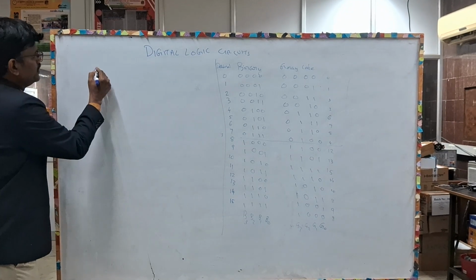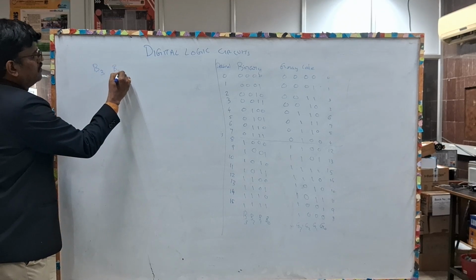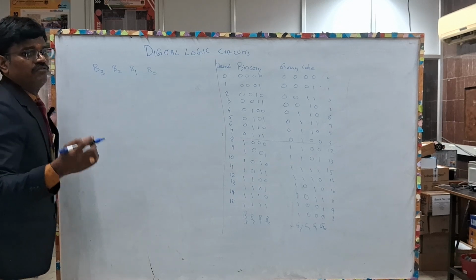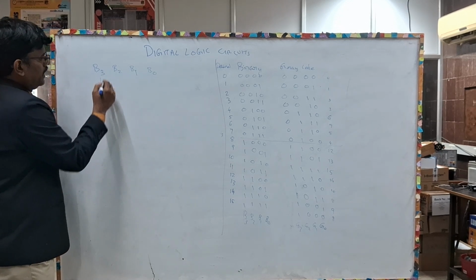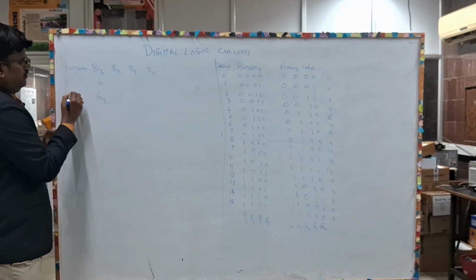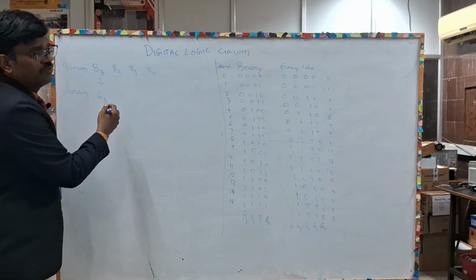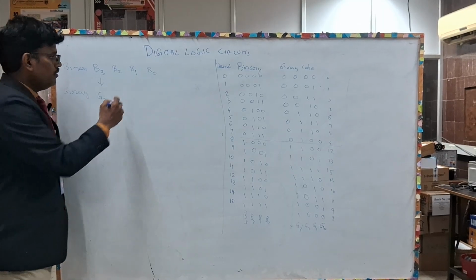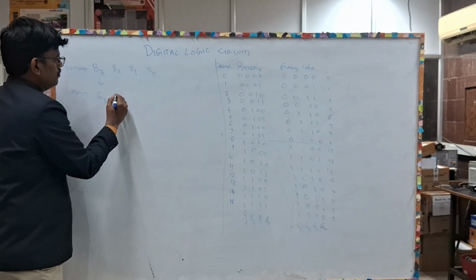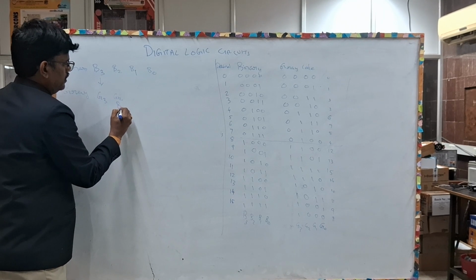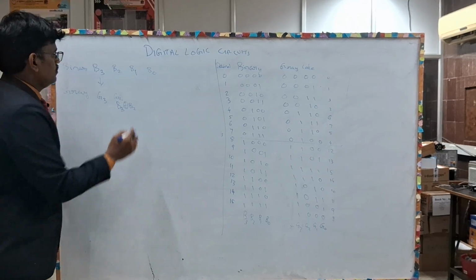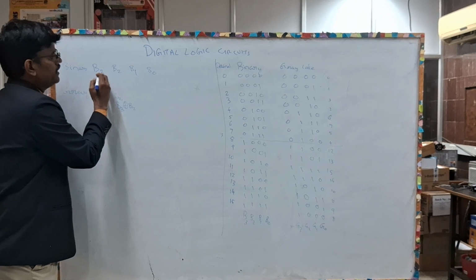So the given value is binary, and we have the binary bits B3, B2, B1 and B0. If you want to find the gray code, G3 we just drop as such. If you want to find G2, we use the XOR operation between B3 and B2.